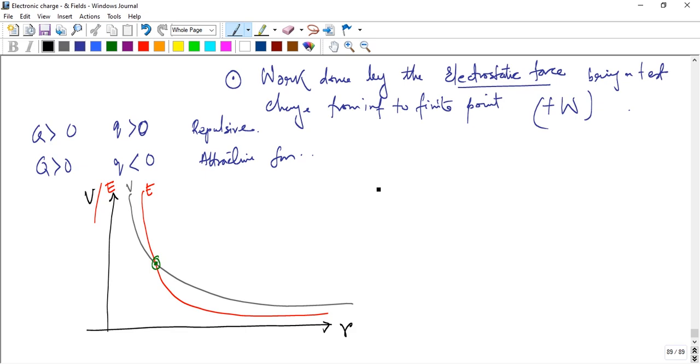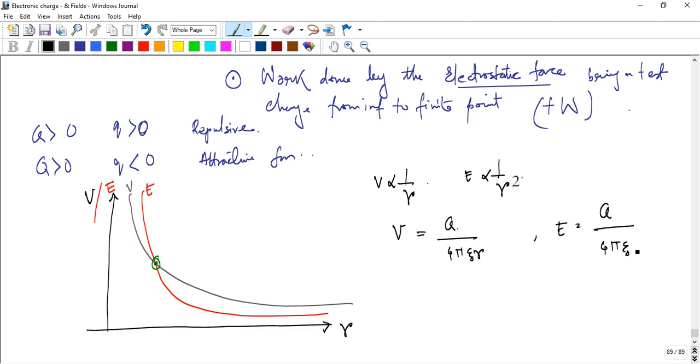So the graph represents that the potential is inversely proportional to R, and the electric field is inversely proportional to R square. You know that the potential V equals Q over 4 pi epsilon naught R, and the electric field E equals Q over 4 pi epsilon naught R square.